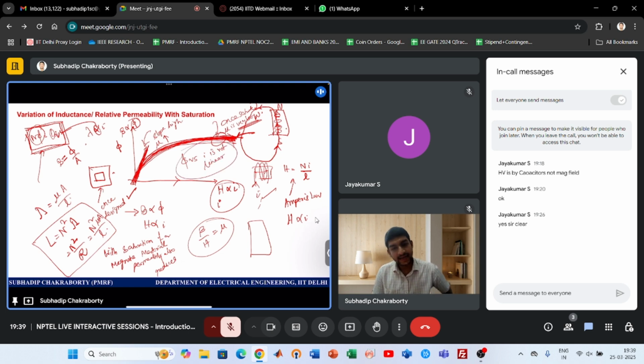And not only is phi versus I not linear, but the inductance variation with respect to current is also not linear. With current, you go to the saturation zone for a magnetic material, and with that your inductance value also decreases, because mu decreases with increasing current values. Hope you understand what I am telling. Up to this it is clear?